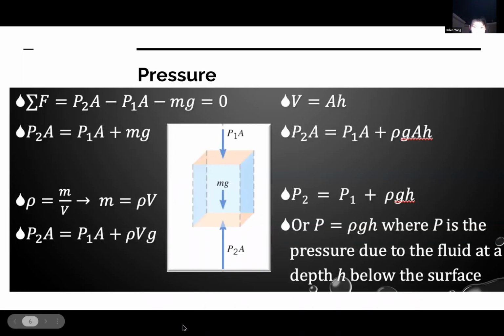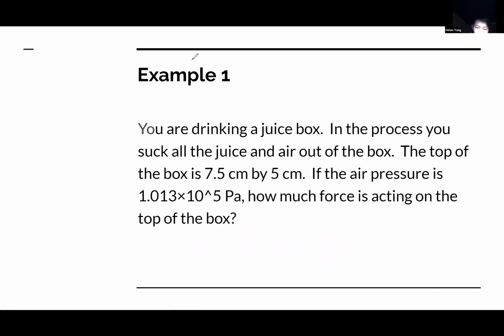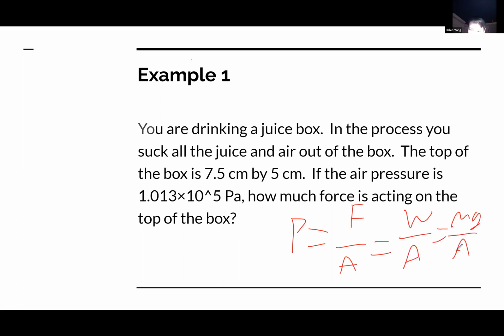Okay, so another thing about pressure: it is force divided by the area. The force is most likely to be the weight, and it'll be mg over A. And from our density equation, we know that density is mass divided by the volume, and the mass would be equal to the density times the volume.